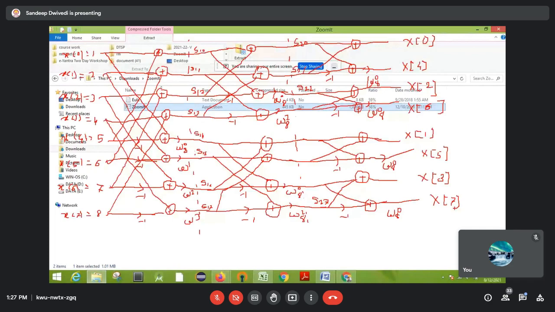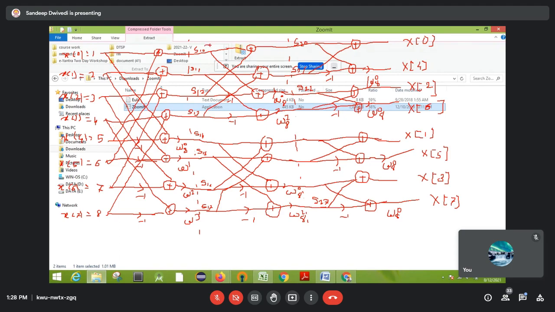Okay, the calculation will be the same. First of all, suppose you are calculating this S10, you need to take these two inputs, x of 0 and x of 4, and add these two, so that will be 1 plus 5, which means 6.